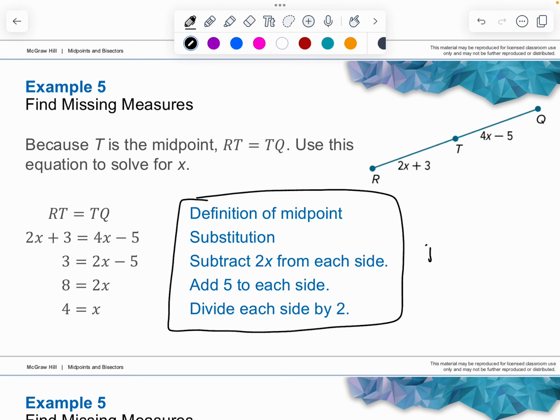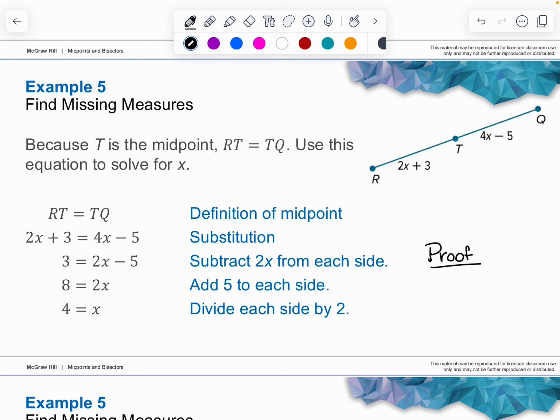Guys, this is a proof. And we're going to be doing more with proofs as we go. But what I want you to see with this is the math. But this is the reasoning over here.